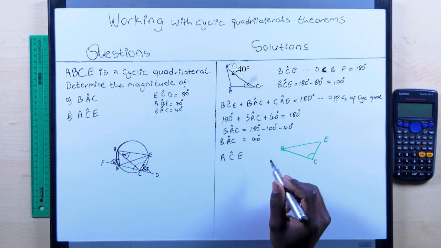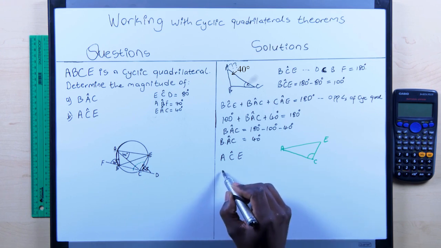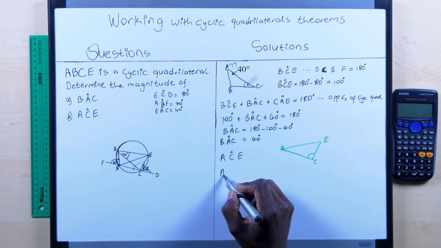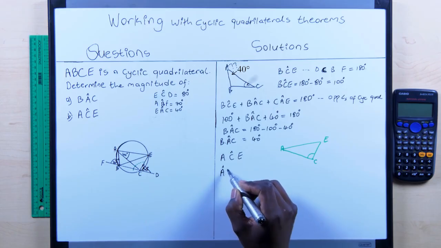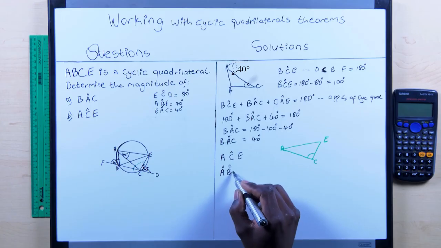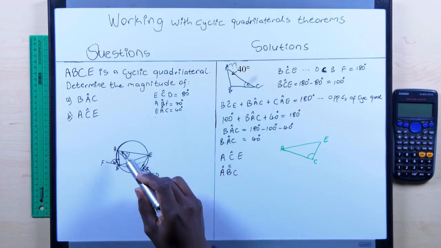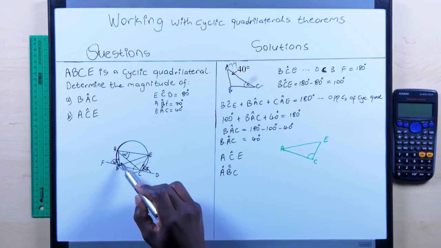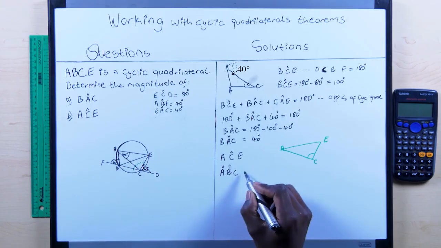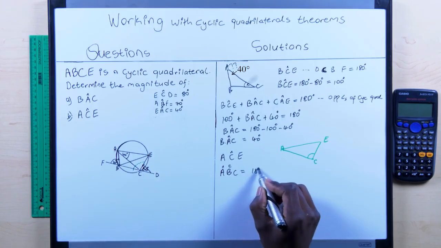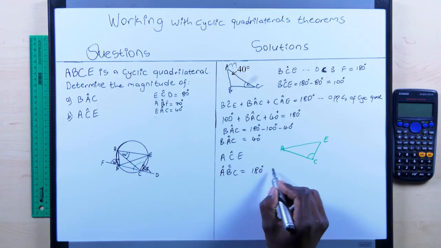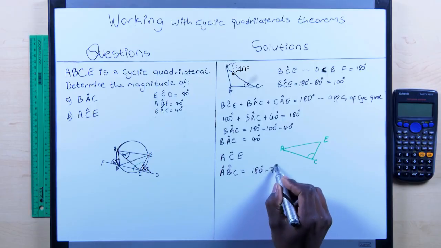Now let's use our calculations. So we know that angle ABC, which is this angle here, should be equal to 180 degrees minus 70 degrees.